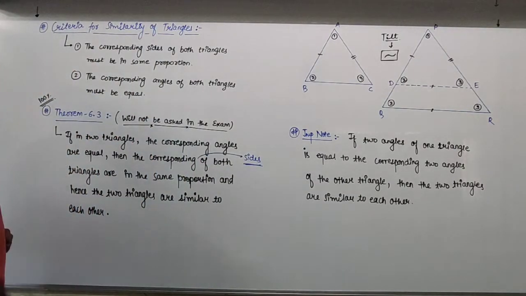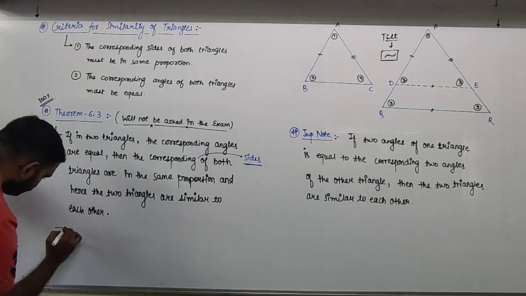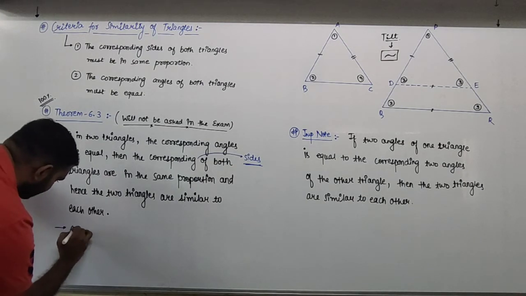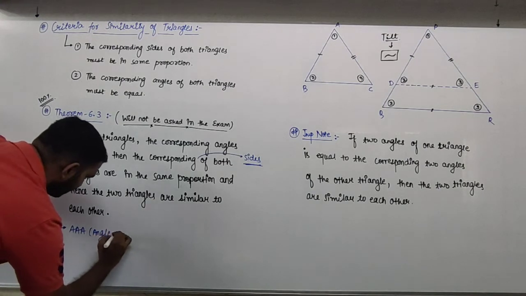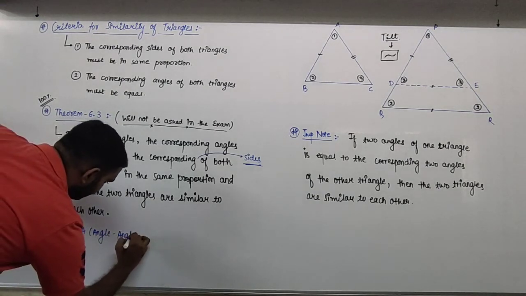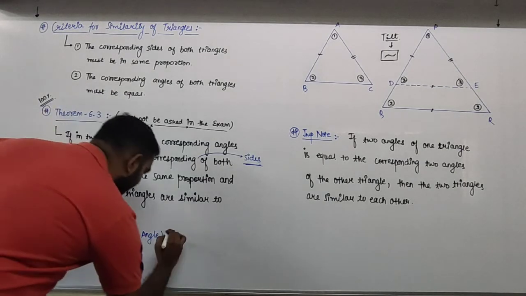This theorem number 6.3, that is nothing but the SAS congruence rule. Sorry, my mistake, not SAS, AAA. બધા angles equal છે ને, so that is AAA, angle, angle, angle similarity criterion.